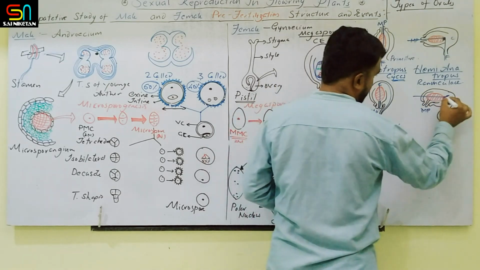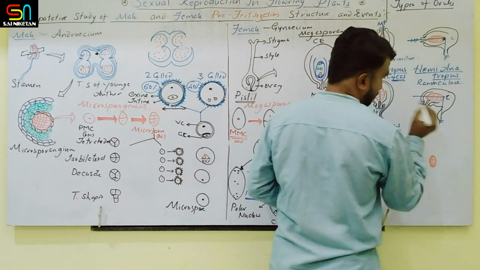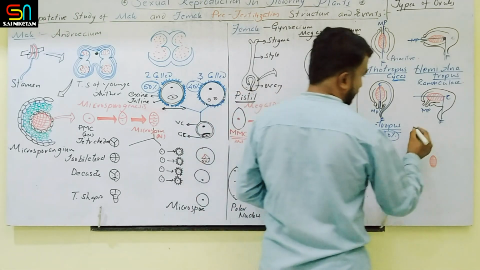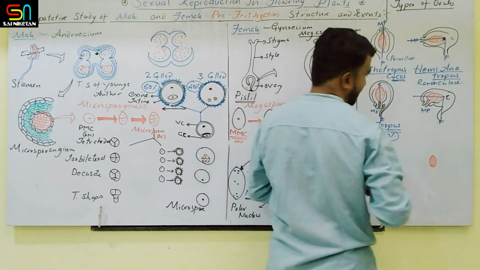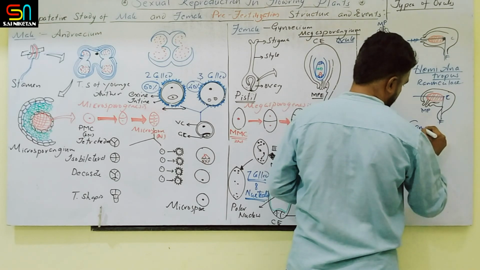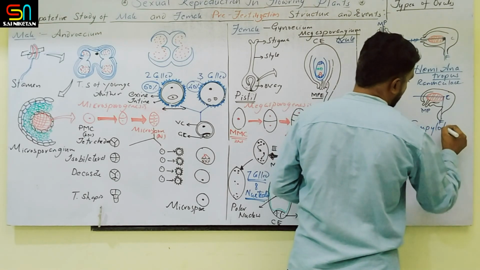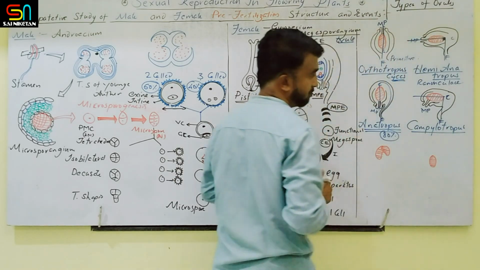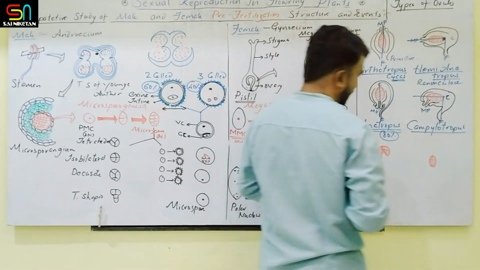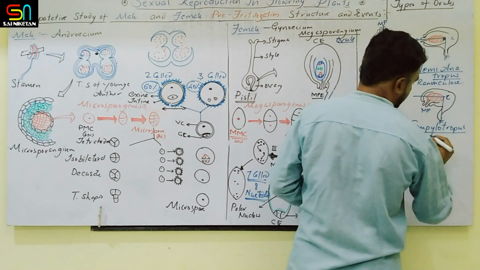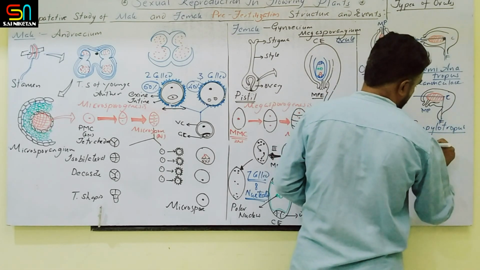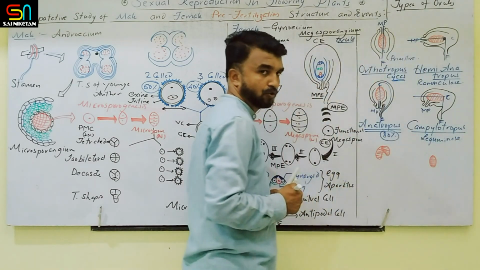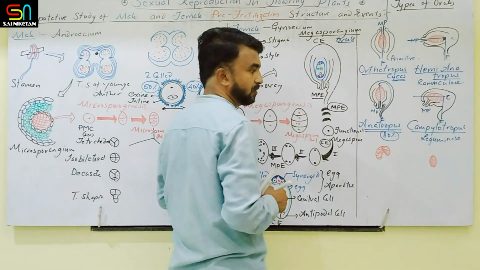So this is a 90-degree rotation, but micropyle is near to the funicle. Clear? So this type of ovule is called a campylotropous ovule. Campylotropous. Example, this type you can see in the Leguminosae family. Leguminosae means Fabaceae, what you covered here.